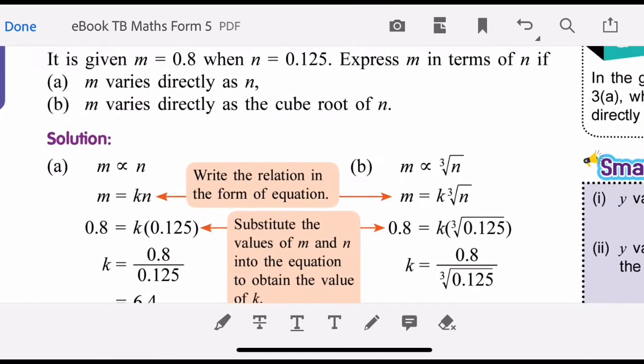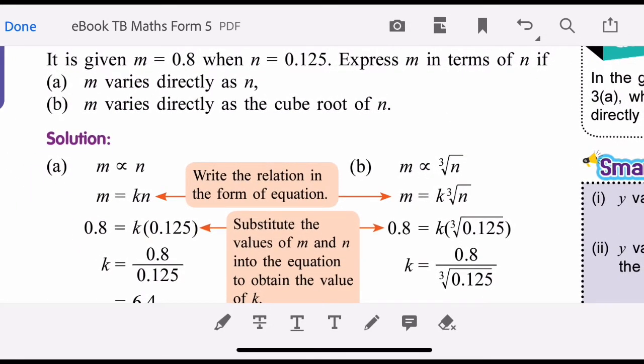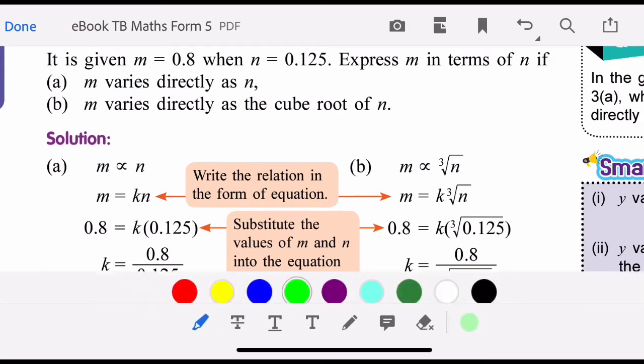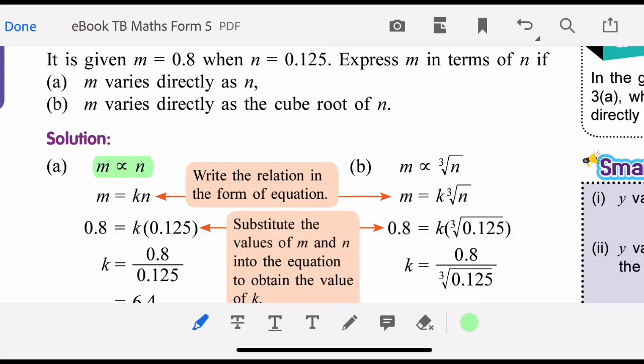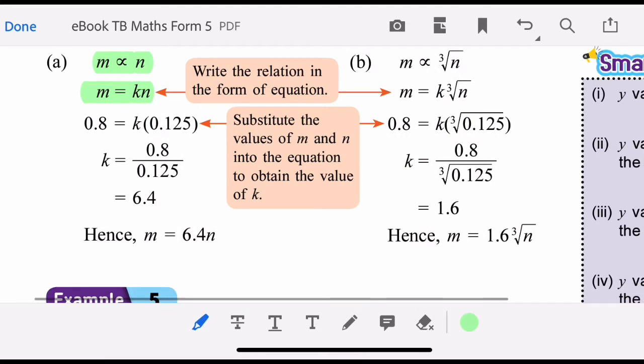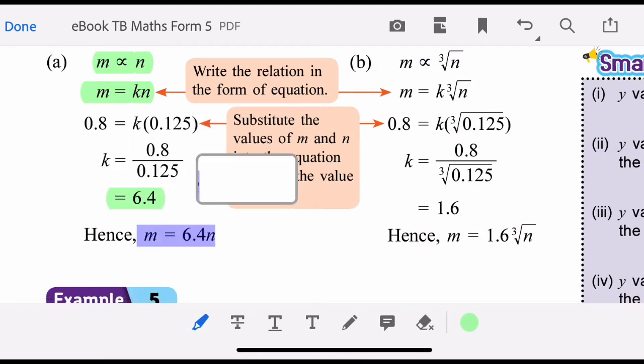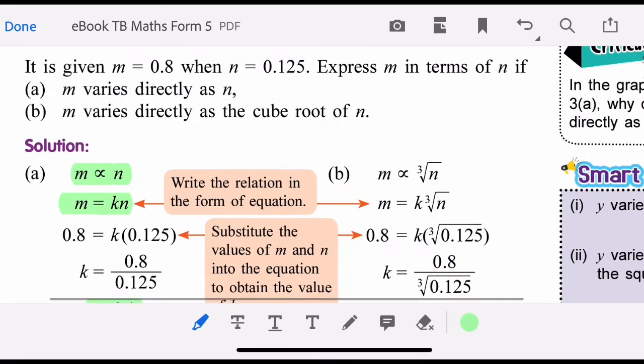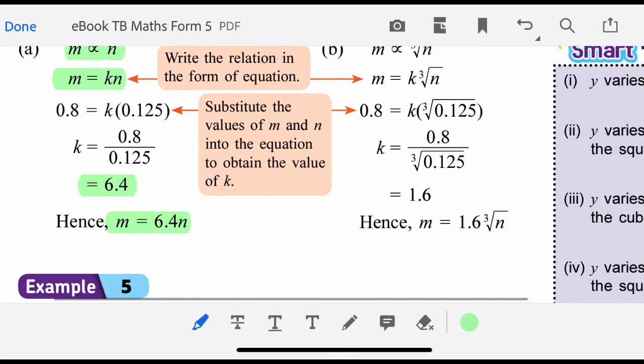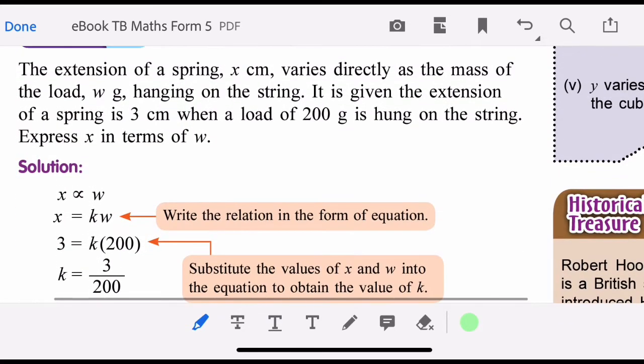When it comes to the new textbook, you will have more examples to explore. For example, m varies directly as n, so m equals kn, then you solve to find the constant by substituting the values of m and n into the equation. After you find the constant, you can express m equals 6.4n. The same thing applies for example b.